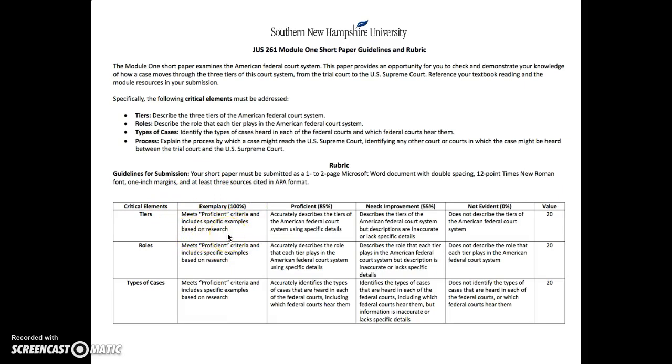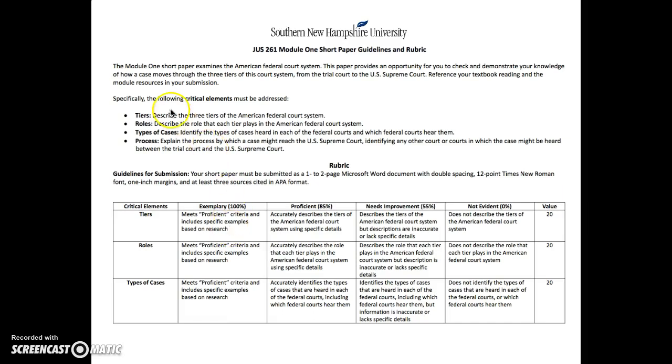Provide me some more detailed information other than just describing the three types of courts under the federal system. Much of this can be gleaned from the textbook or probably from that short video that I posted in my announcement.